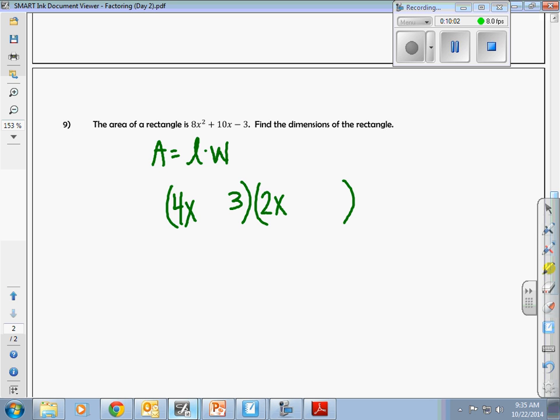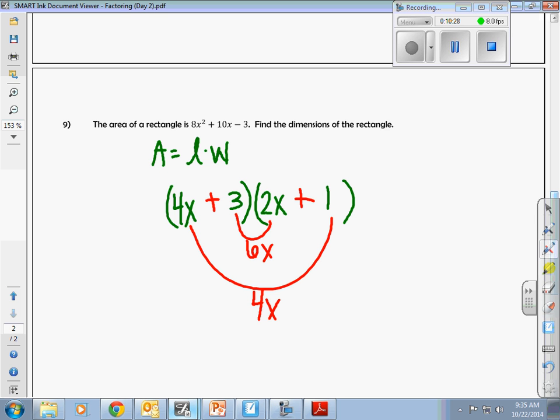So I'm going to try 3 and 1. So I check my two insides, gives me 6x, and the two outsides gives you 4x. Can I get to 10x that way? And I got lucky right away, and it will work. Both positive. Will this work? Well, if I want both positive, this will give you 10x, but will that give you a negative 3? It will not.